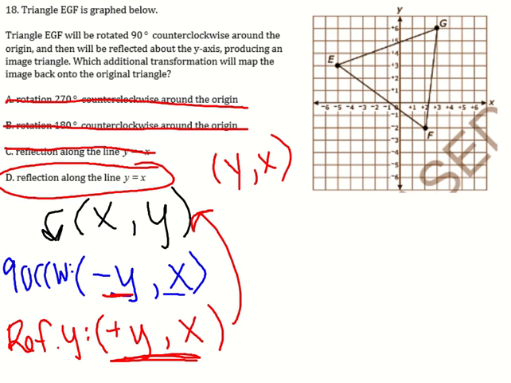I know they look the same, but it's saying whatever was in the y position comes first and whatever was in the x position comes second. So these would flip back because this is your new x and your new y. So it's reflecting along the line y equals x.